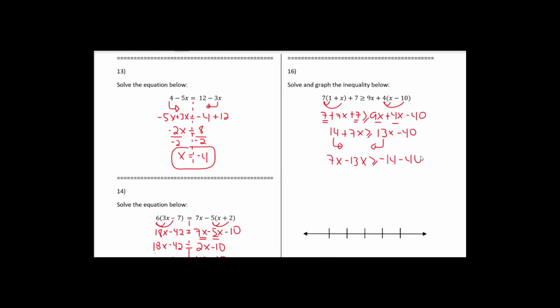And we'll bring down the 40. 7 minus 13 is negative 6x. And negative 14 minus 40 is negative 54. We divide both sides by negative 6. This would be x less or equal to positive 9.